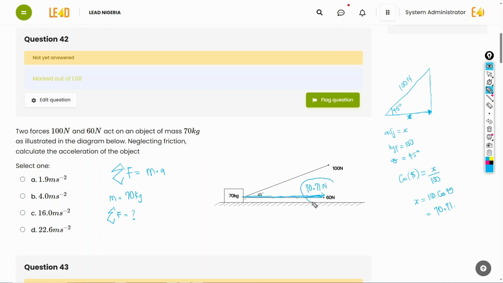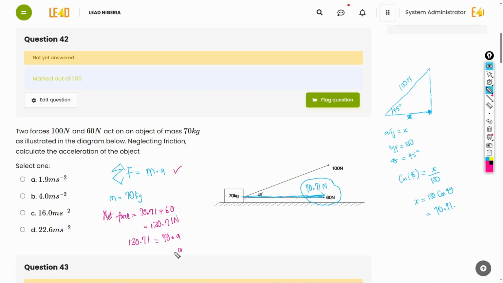These two together become my net force. So my net force will be equal to 70.71 plus 60, which is 130.71. Now I can calculate my acceleration using the formula: 130.71 is equal to my mass, 70, times acceleration.